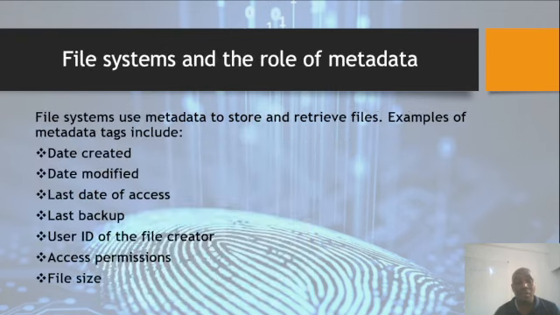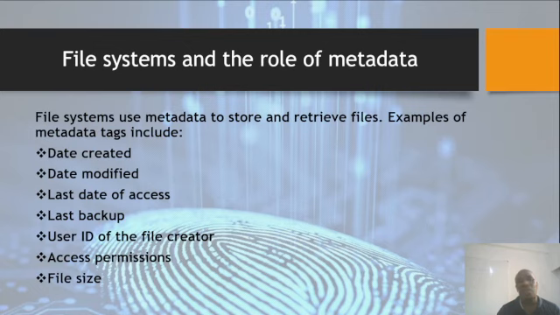So the file system has a role, and I just want us to look briefly at some of the roles of the file system. A file system uses what we call metadata in storing and retrieving files. Examples of this metadata include the date the file was created, the date it was modified, which is very important for those doing cyber security, the last date it was accessed, the last backup it was copied to, the user ID of the file.